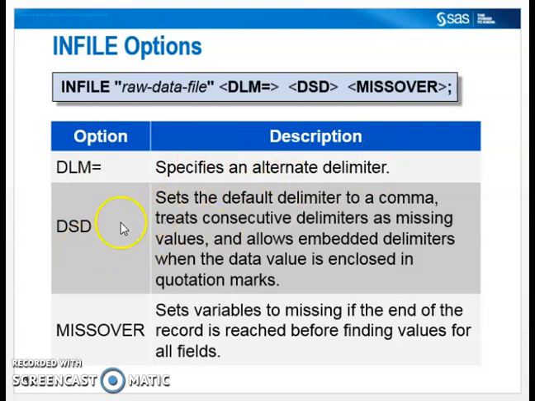DSD sets the default delimiter to a comma, treats consecutive delimiters as missing values, and allows embedded delimiters when the data value is enclosed in quotation marks. Lastly, MISSOVER sets variables to missing if the end of the record is reached before finding values for all fields. That was the end of chapter 8.